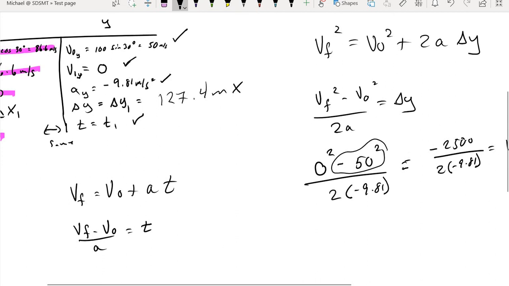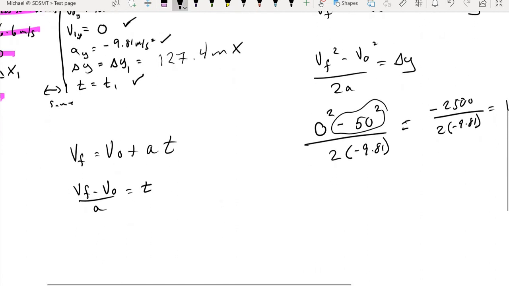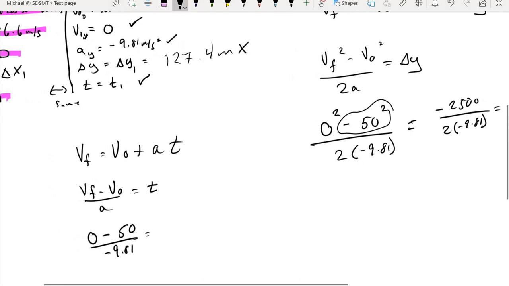And now we can plug our values in. Again, these are only going to be the values from the y column. We have final velocity at the maximum height is 0, initial is 50, acceleration is 9.8, and just like before, careful of your algebra, we have a negative 50 that is being divided by a negative 9.8.